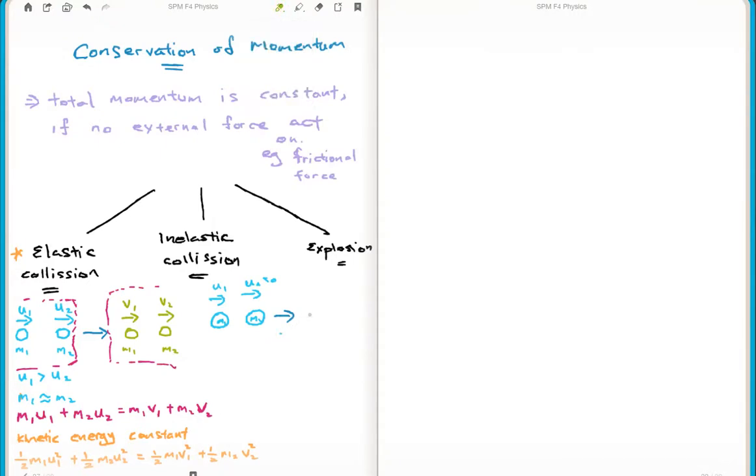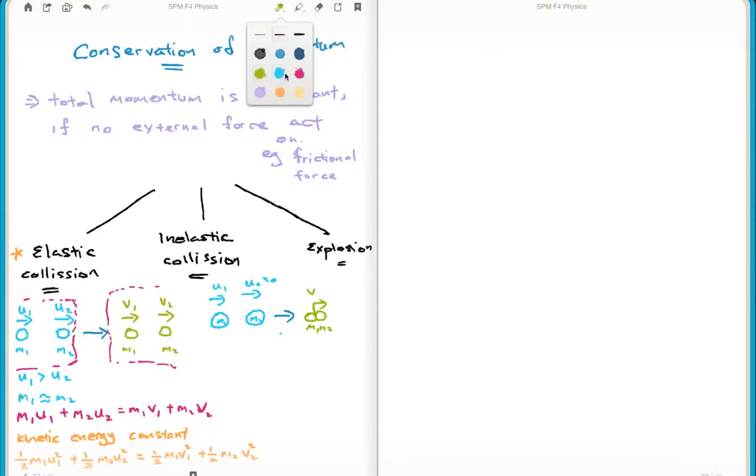After the collision, they stick together, M1 and M2, both of them moving in the same direction with the same velocity. Most probably, maybe M2's mass is smaller, or M2 is not necessarily smaller, but it's not moving. It depends.